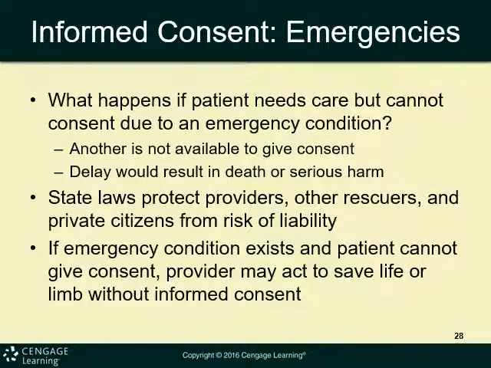Emergency situations pose difficult problems in obtaining a patient's informed consent. An emergency situation is presented when the patient is unable to give consent, another person authorized to give consent on the patient's behalf is unavailable, and a delay in treatment would likely result in death or serious harm to the patient.